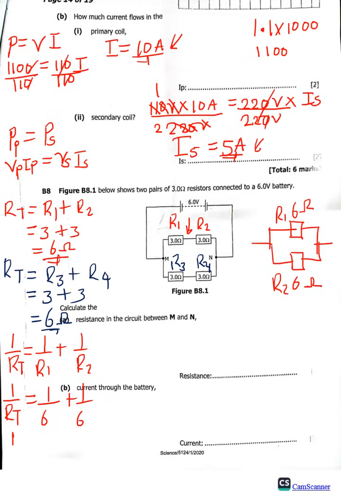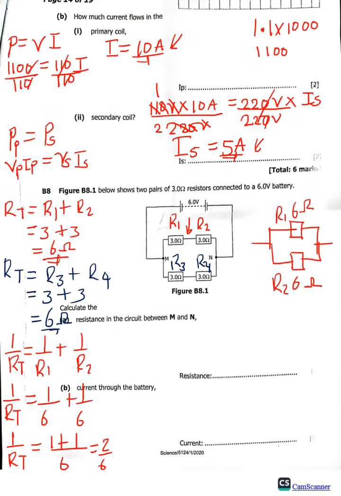No need of finding the lowest common denominator, we already have it. So it's 6 into 6, 1 times 1, 1 plus 1. This will give us 2 over 6. Upon reaching here, we can flip the fraction where RT goes up, then 1.